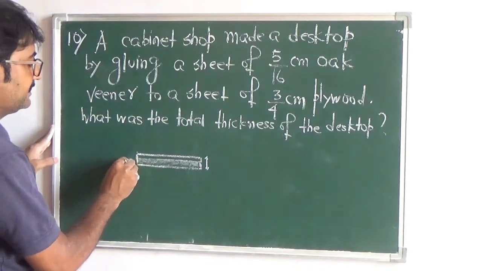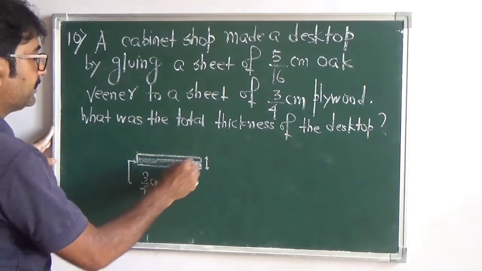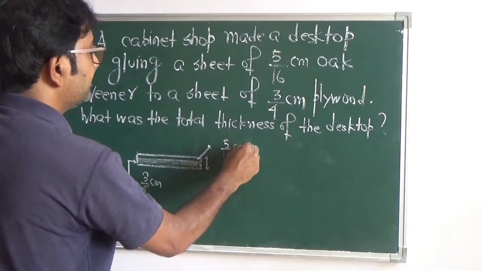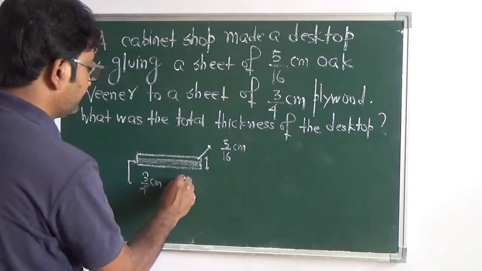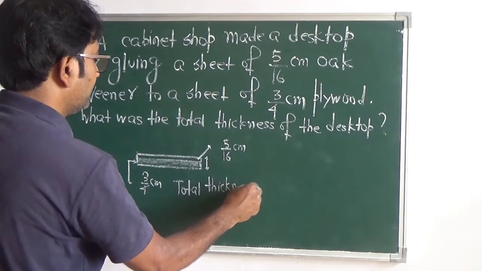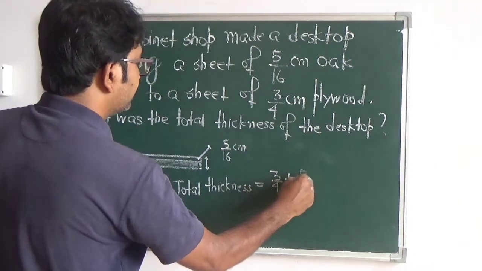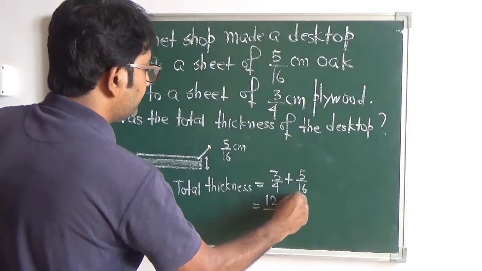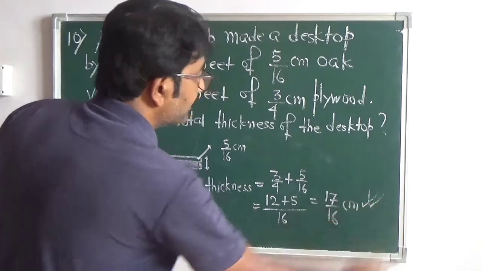The total thickness will be 3 by 4 plus 5 by 16. We take the LCM 16, which gives 12 plus 5, that is 17 by 16 centimeter. Is it okay?